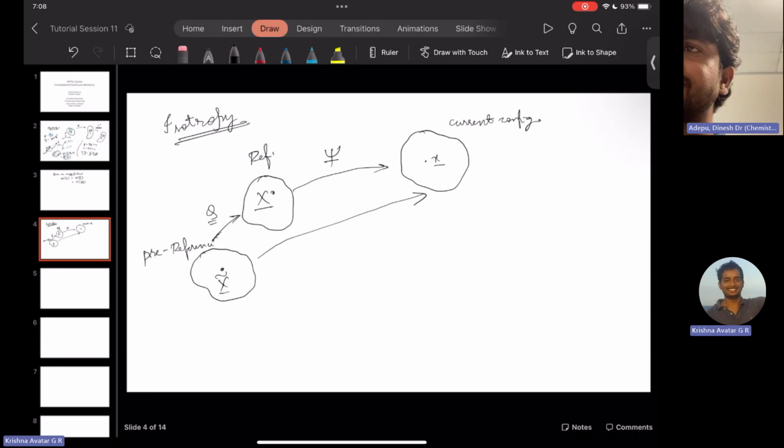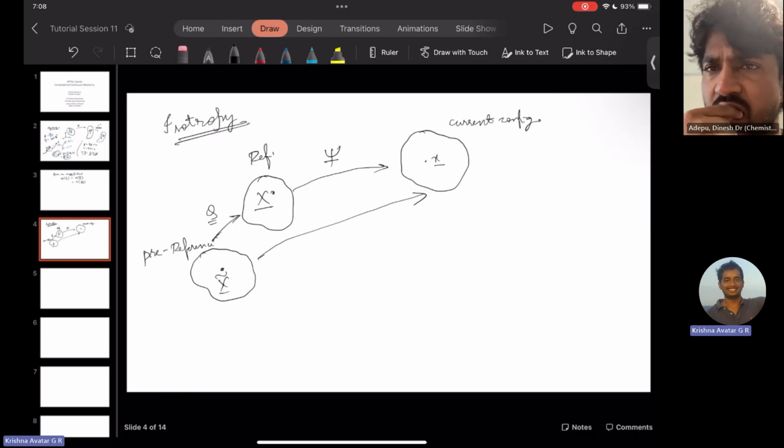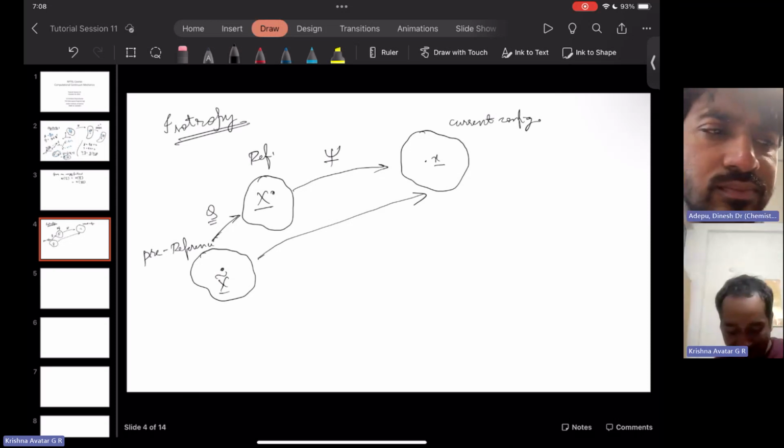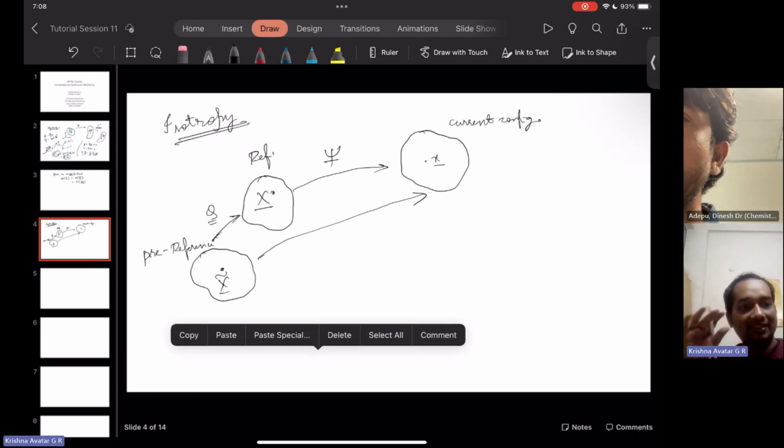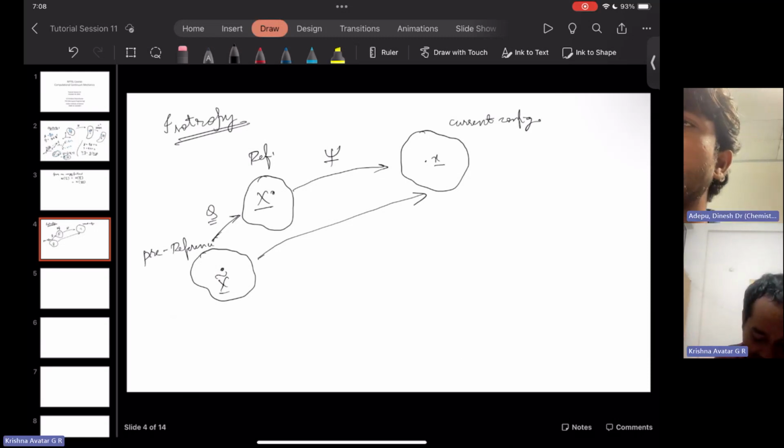Okay. So what is said is that had this pre-reference configuration been taken directly to the spatial configuration, you understand, right? So had we been going from here to here, as per this rule, in both situations we should have the same energy.